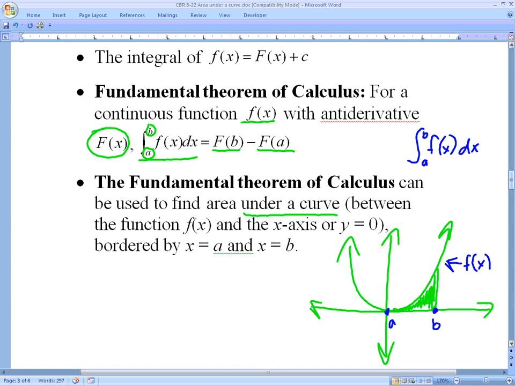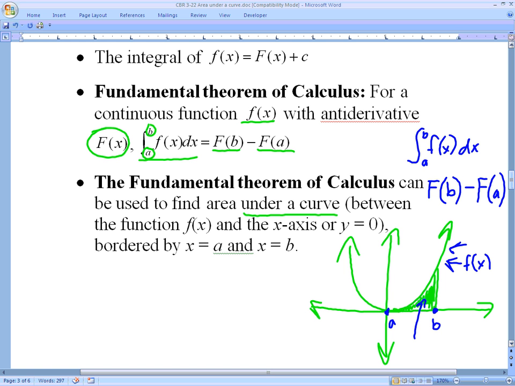So I take the antiderivative of this function here, which becomes big F of x, and I plug in my higher value, which is b, minus the antiderivative of f of x, plugging in my lower value a. When I do that, it will give me this area right here, which I think is kind of amazing.